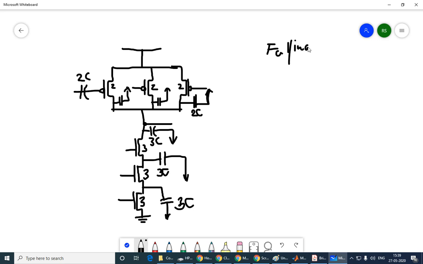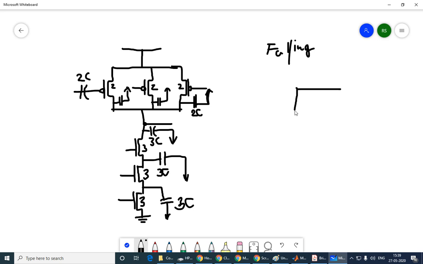It has to happen through the pull down network. If the output is falling, the only possible case is all three transistors are conducting. I cannot have two transistors conducting and the output falling because it will be an open circuit, it will not reach the ground.